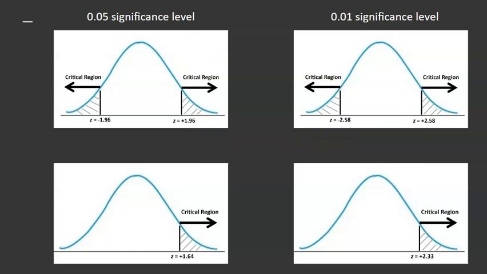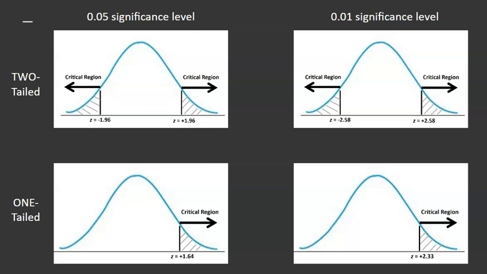Let's review types of hypothesis tests and how they influence statistical power. The two types of hypothesis tests are two-tailed and one-tailed. A two-tailed test is used when the researcher does not know which direction the sample will go. A one-tailed test is used when the researcher hypothesizes that the sample will go in one specific direction.